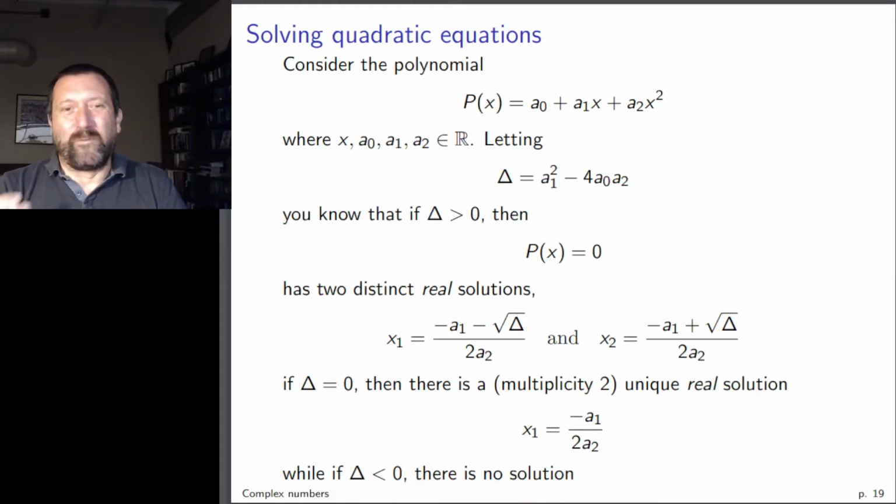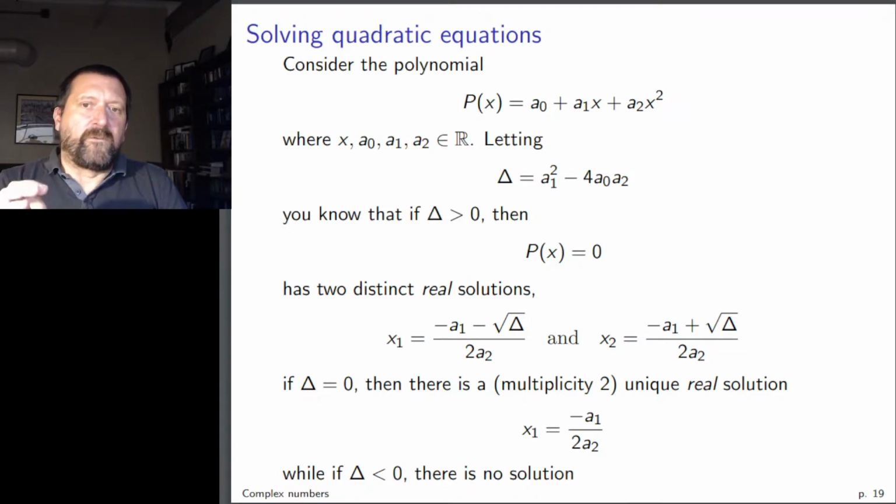You have probably seen, and if you have not, it's important to know this, that what you do is define this delta, which is sometimes called the discriminant, which is a1 squared minus 4 times a0 a2.